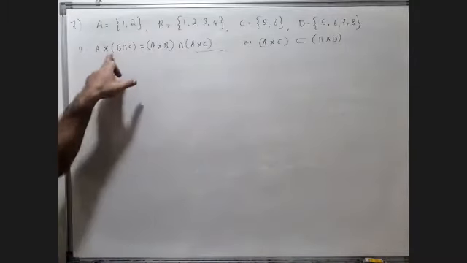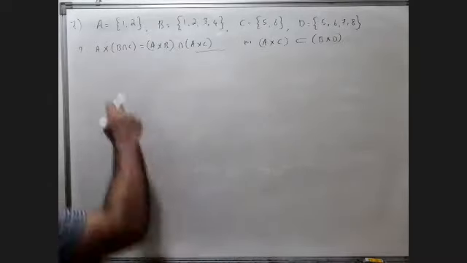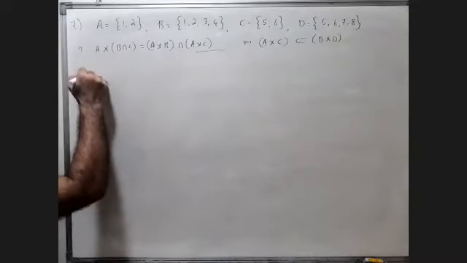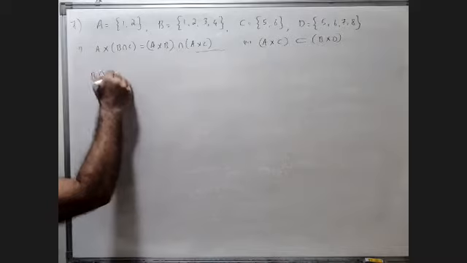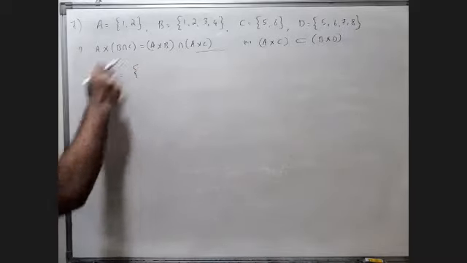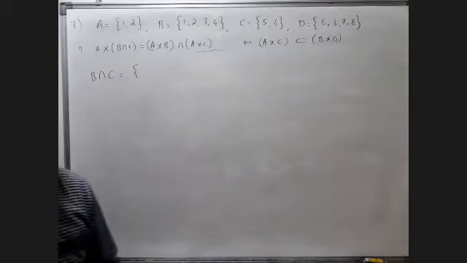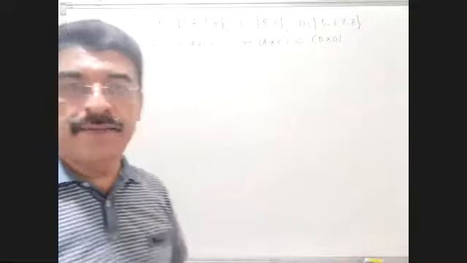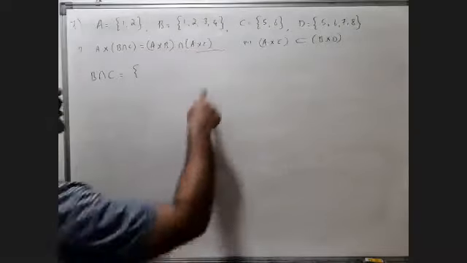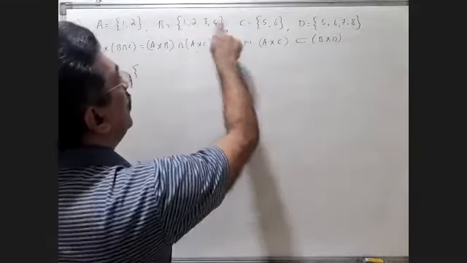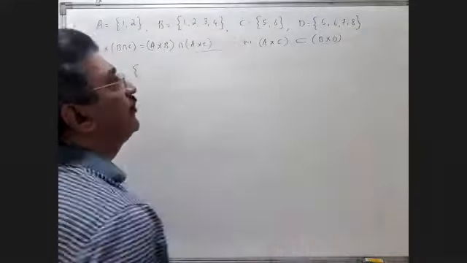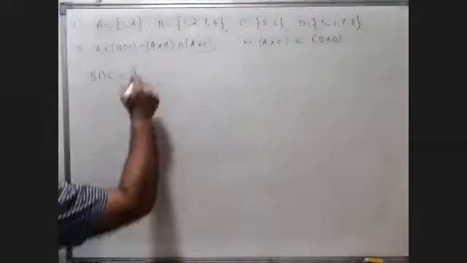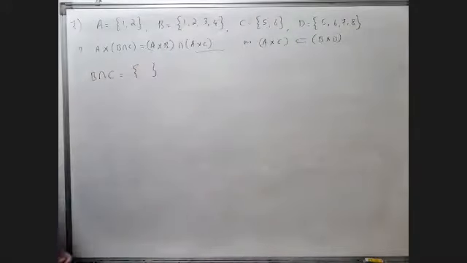To find A cross (B intersection C), first find B intersection C. B intersection C is the common elements in B and C. Let us see B and C. What is common in it? Nothing is common. So B intersection C is empty.